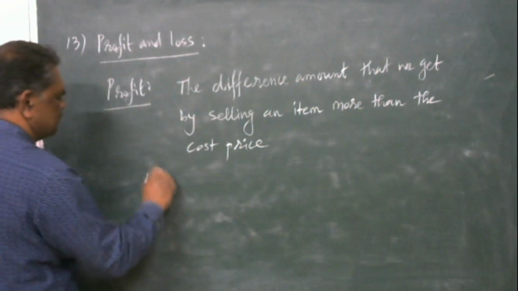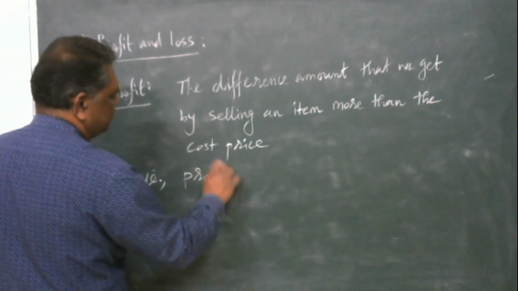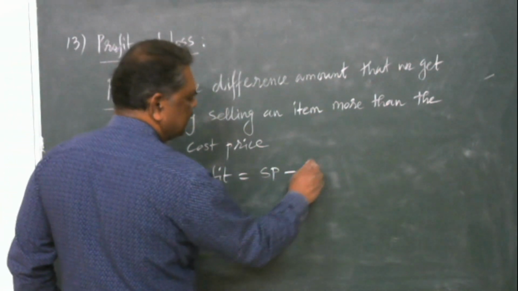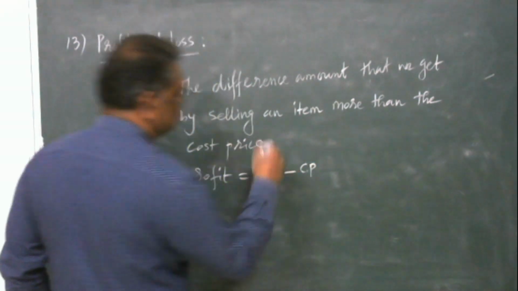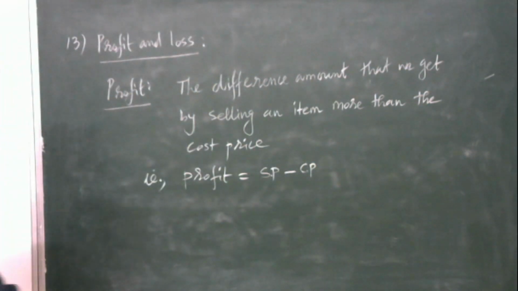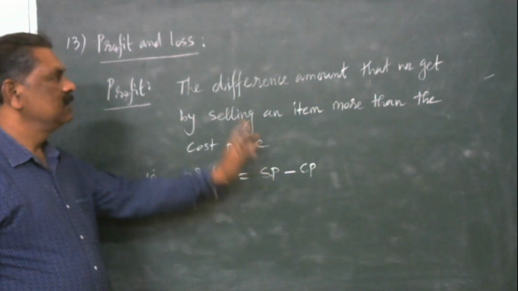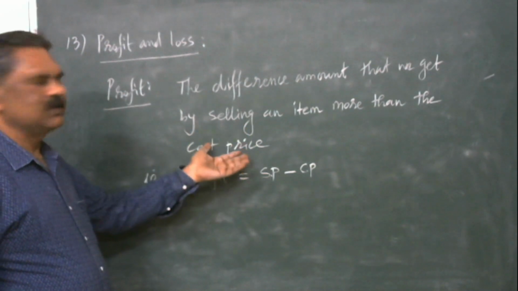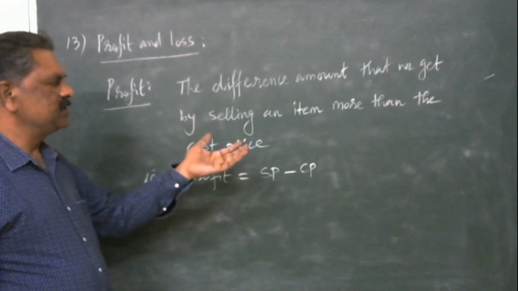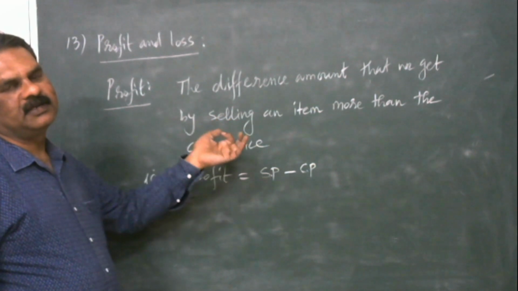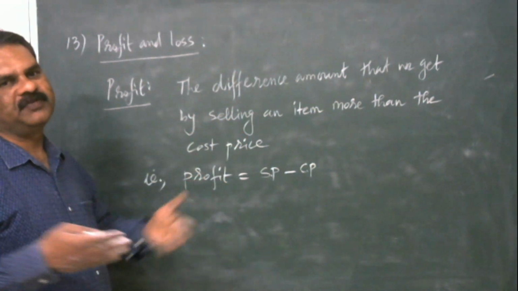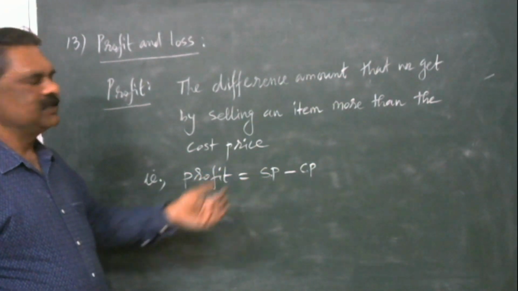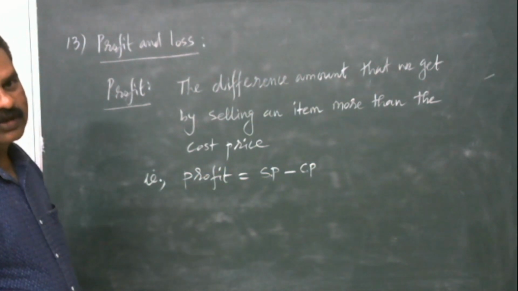That is, profit is nothing but selling price, SP, minus CP. So profit is selling price minus cost price. You might have purchased an item for 100 rupees, and if you sell it for 150 rupees, what is the difference? 50 rupees is the profit. So the profit is the difference amount if you sell for more than the cost price.